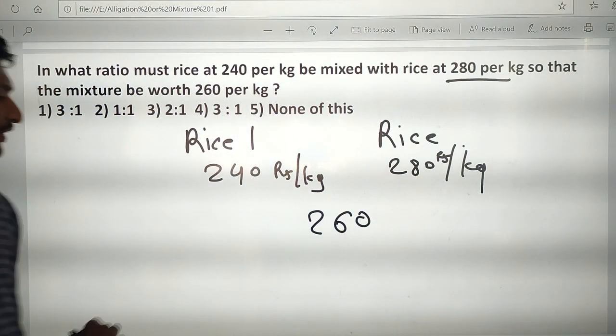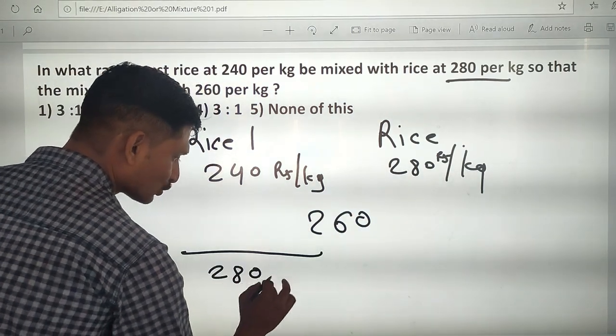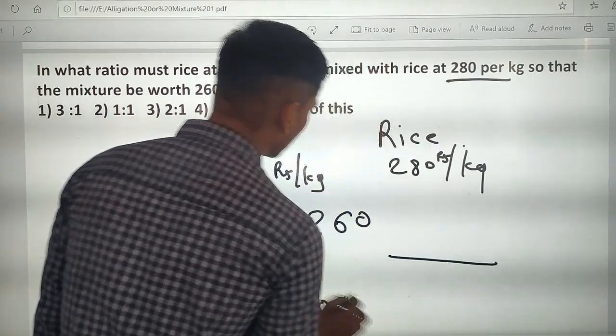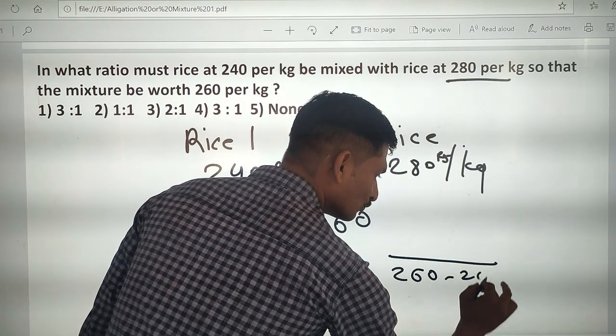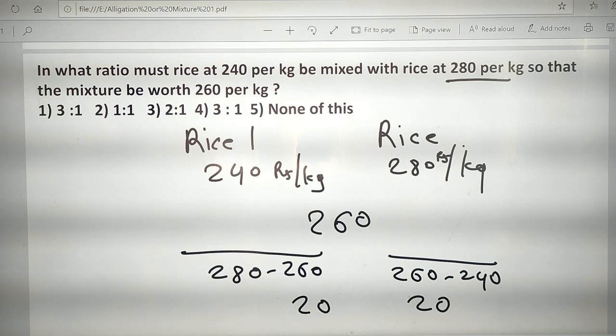Now we write the subtraction of these two. 280 minus 260 is 20 and here we write the subtraction of these two: 260 minus 240. The subtraction is 20.